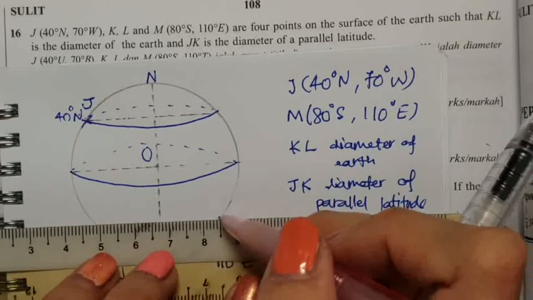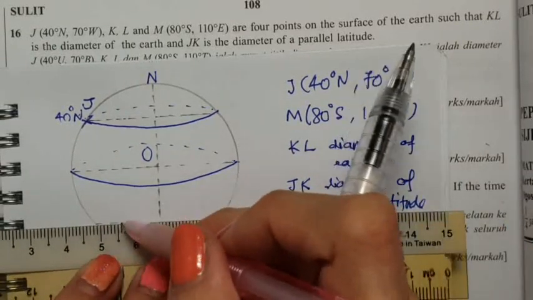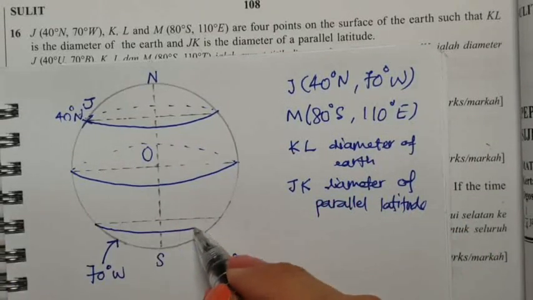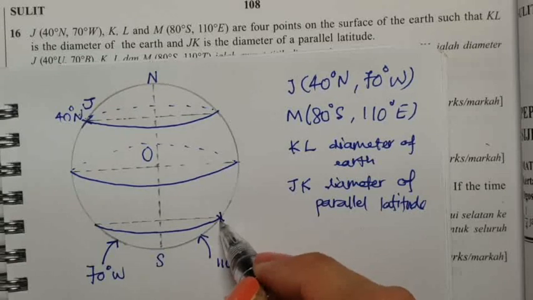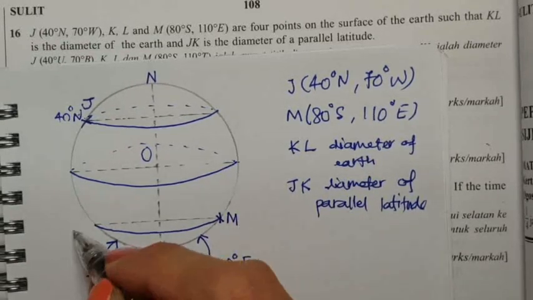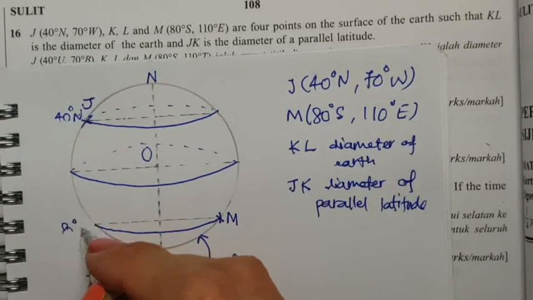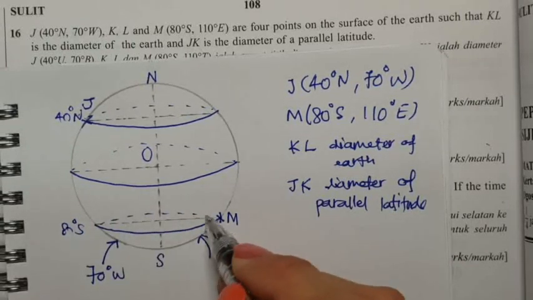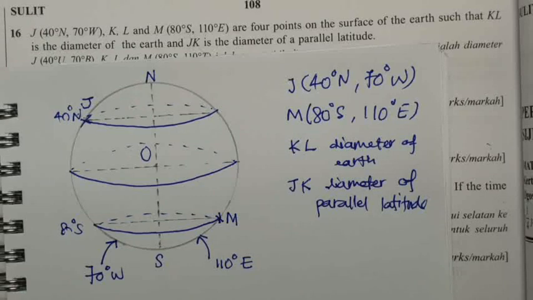So let it be over this side. This is my parallel of latitude, and this is M because it is 80° south. Make it 3D.